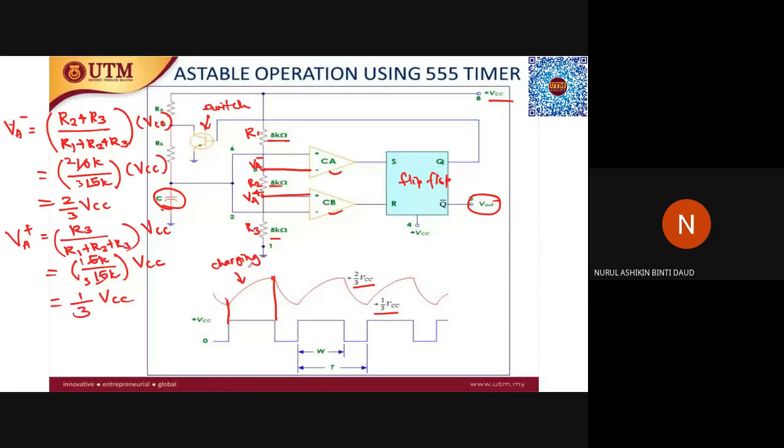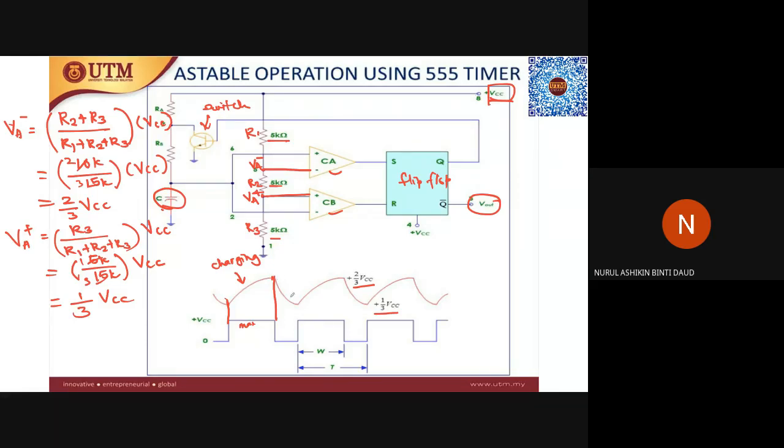When the capacitor is charging, from 1/3 of VCC to 2/3 of VCC, the output will become maximum. But this maximum value will not reach the VCC value, since the threshold is only 2/3 of VCC.